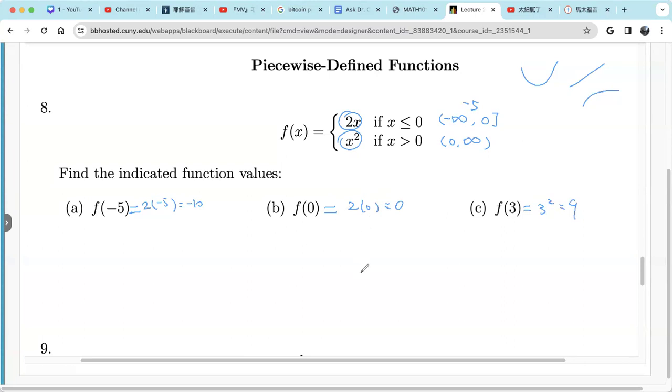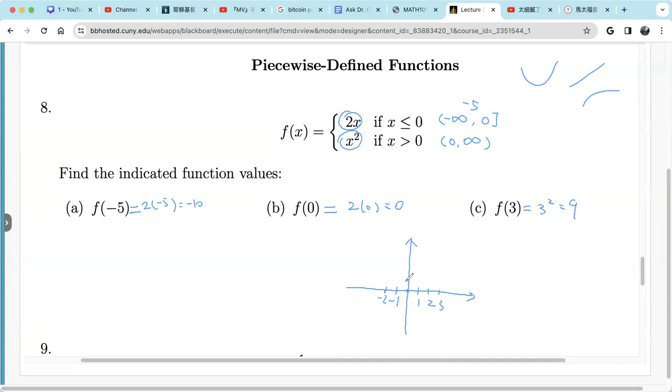Now let's graph this piecewise function. So we need a couple points, right? Let's say for the first interval, maybe we use 0, -1, -2. And for positive x, maybe we use 1, 2, 3. 3 squared is 9.